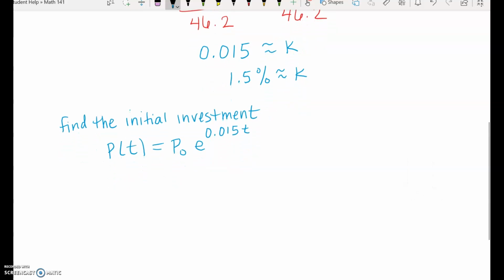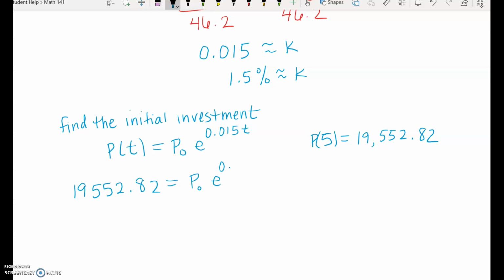And we'll use the fact that after 5 years, we know that we have $19,552.82. So I'll write this on the left-hand side. P naught is what we're trying to find, how much we invested to start. And I'm going to put 5 for the time, because it's after 5 years.